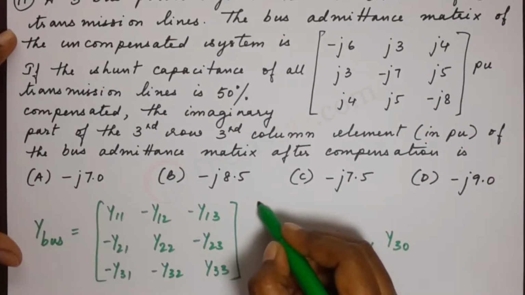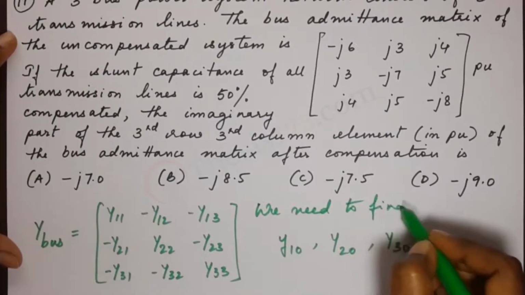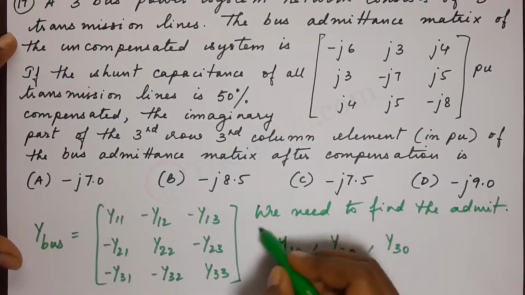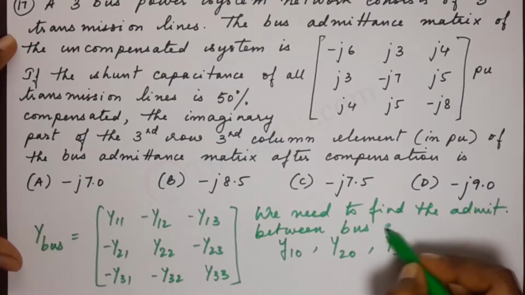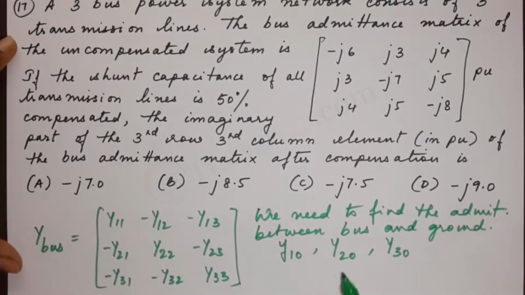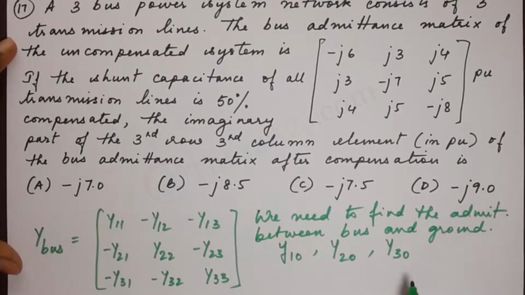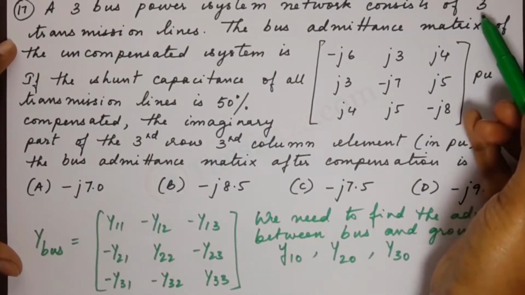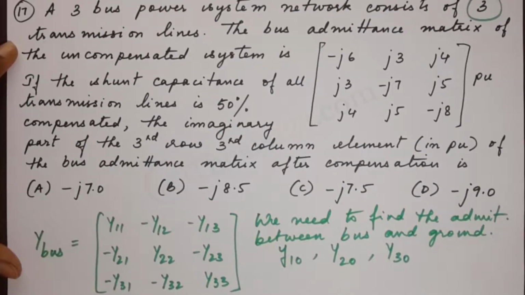So we need to find the admittance between bus and ground. These are the 3 components, Y10, Y20 and Y30, indicating the admittance between the bus and ground for each of the 3 lines. Now, how do we get these 3?